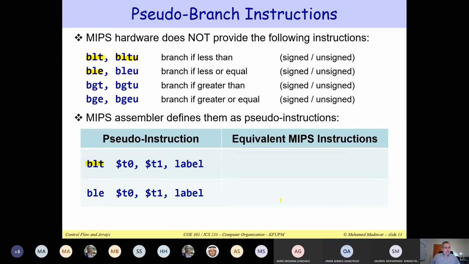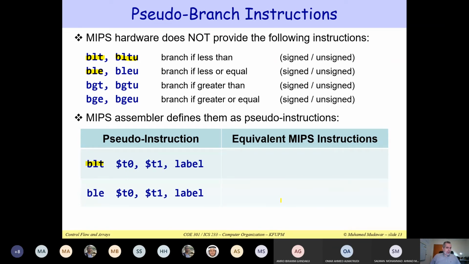I think we have to use one of the original branch instructions. So we branch if what? If the result of the comparison is true. We branch if the result of the comparison is true. So branch if it is equal to 1.